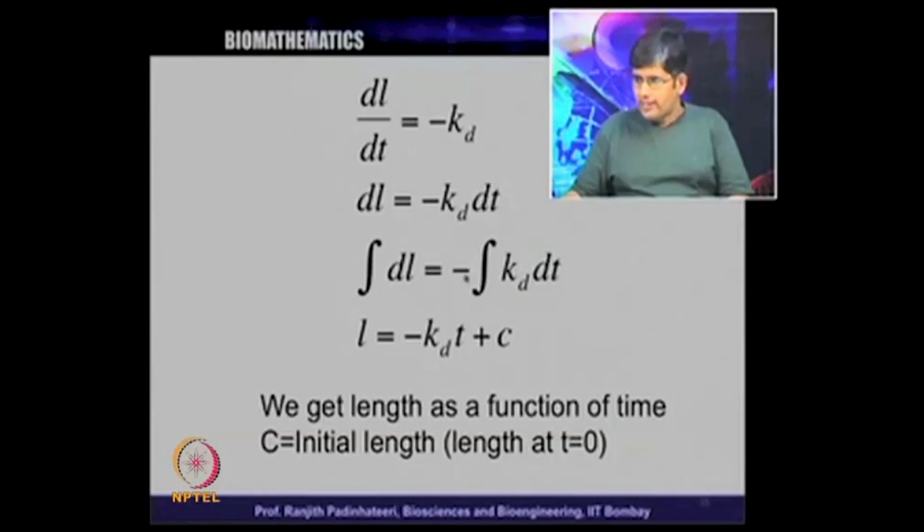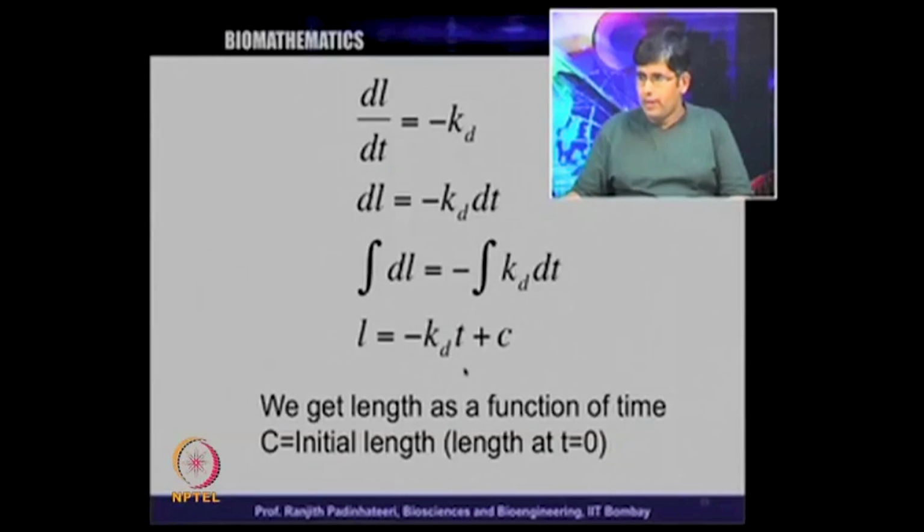Since you have this minus sign, the integral of dl is L, but the integral of Kd dt, since Kd is a constant, you can take it outside and write it as Kd t plus a constant c. So we get length as a function of time again, but there is a minus sign here. What does that mean?